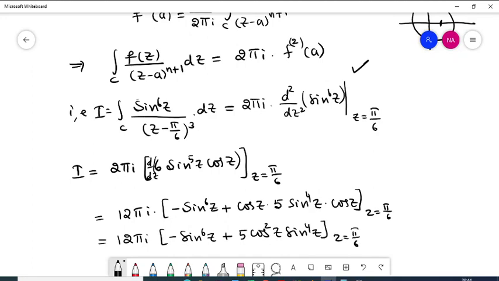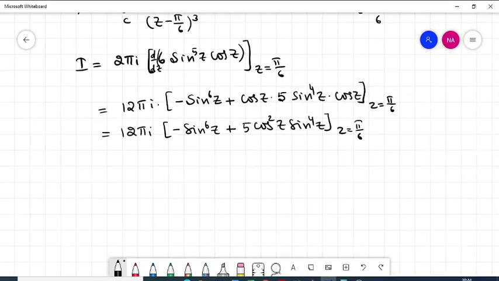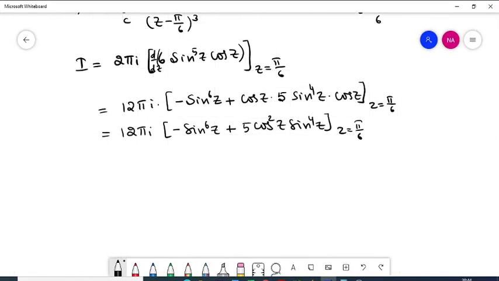Now put z equal to pi by 6. We get sin pi by 6 as 1 by 2 and cos pi by 6 as root 3 by 2. So it will be 12 pi I times minus 1 into (1 by 2) whole power 6 plus 5 into (root 3 by 2) whole square into (1 by 2) whole power 4.